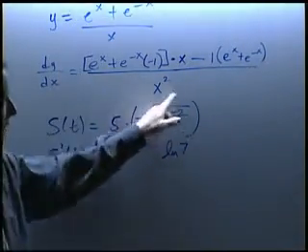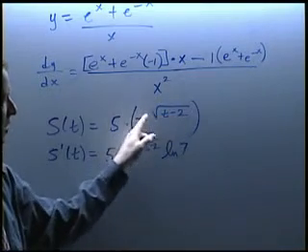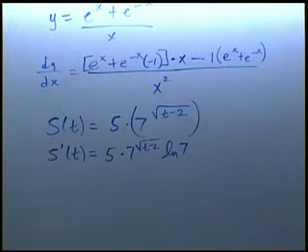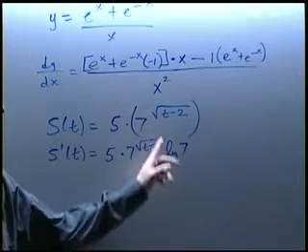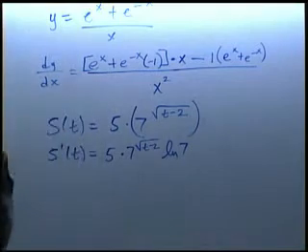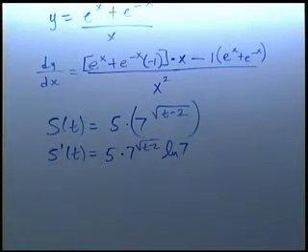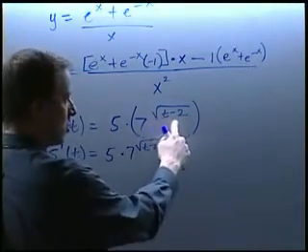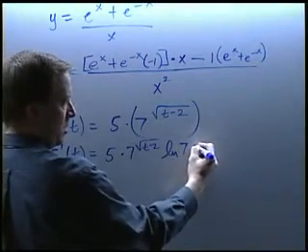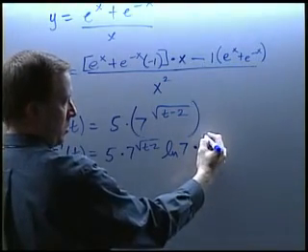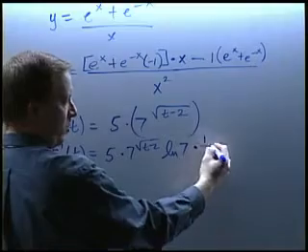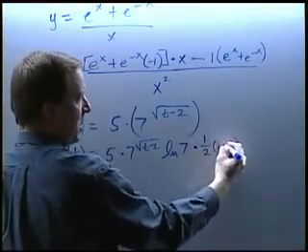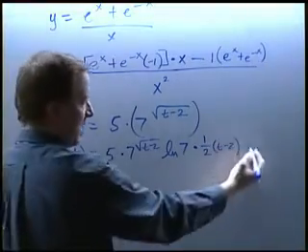Now I just look up here in the exponent. What's the derivative of the square root of something? How do I need to think about the square root? As what? To the 1/2. So what's the derivative of the square root of this? (1/2)(t minus 2) to the negative 1/2.